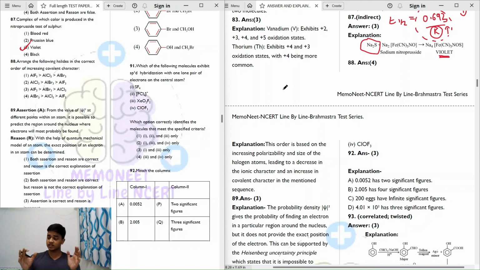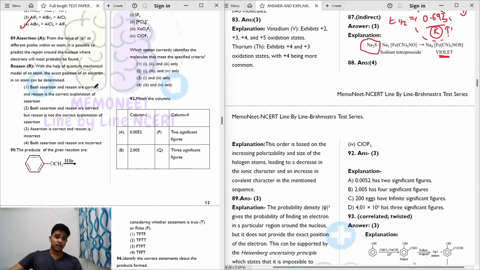So when the size is increasing, the electronegativity is decreasing, and when the electronegativity decreases, the ionic character of the halide will keep on decreasing, and the covalent character will keep on increasing. So when we move down the group, the covalent character will increase. It will be highest for bromine, then for chlorine, and the least for fluorine. So the correct option will be option 4, AlBr3 maximum, then AlCl3, then AlF3.